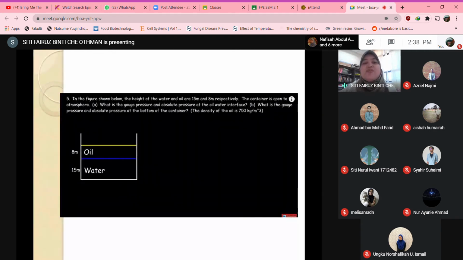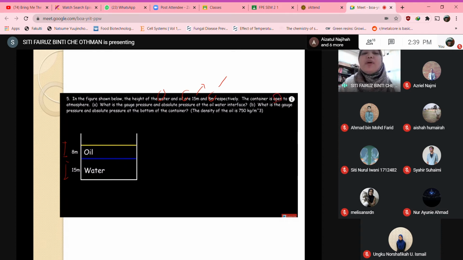A figure is shown below with the height of water and oil. Water and oil at 15 meter and 8 meter respectively. So you can see there's a difference in height here. Okay, container is open to atmospheric pressure. Did you notice it mentions open? It will mention whether it is an open or closed tank.